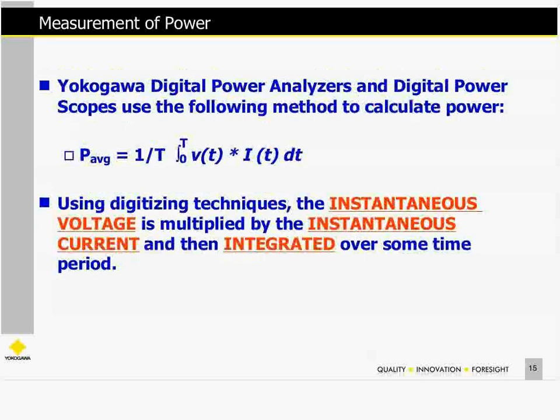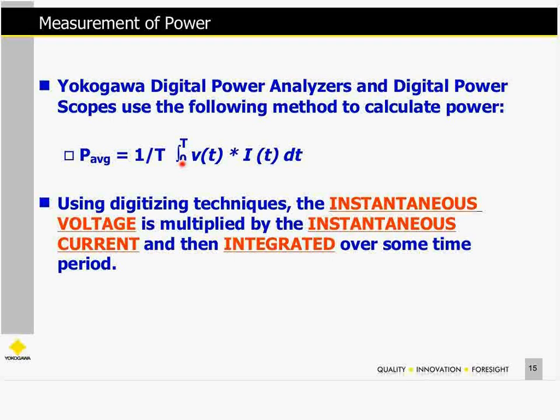Now, in the Yokogawa digital power analyzers, the way we calculate the power is that power is an average over time, at least one complete cycle. So we take the instantaneous voltage, a digitized value, times the instantaneous current, which is a digitized point, and we multiply these instantaneous values together.